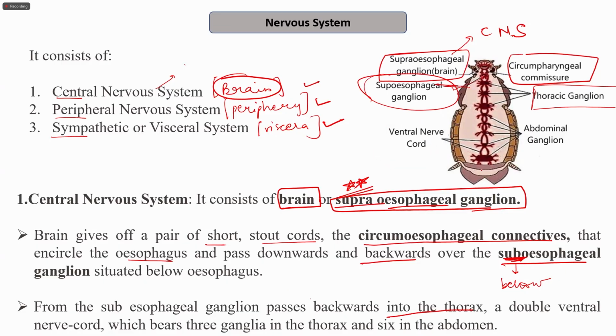Through the supraesophageal ganglion, it passes through the subesophageal ganglion and the thoracic ganglia, then to the double ventral nerve cord, which bears 3 pairs of ganglia in the thorax and 6 in the abdomen. So there are 3 thoracic ganglia and 6 in the abdomen.